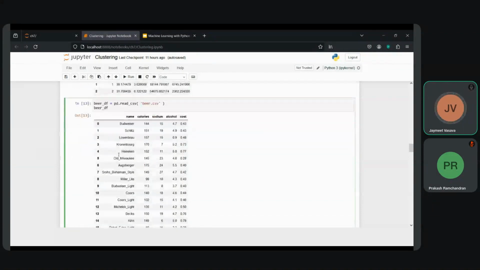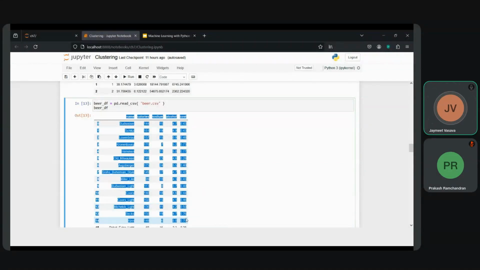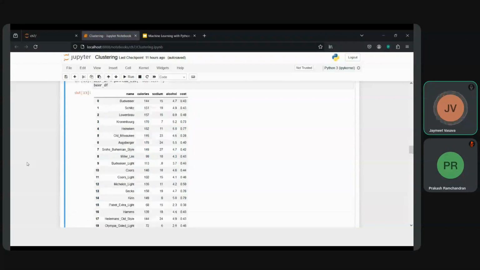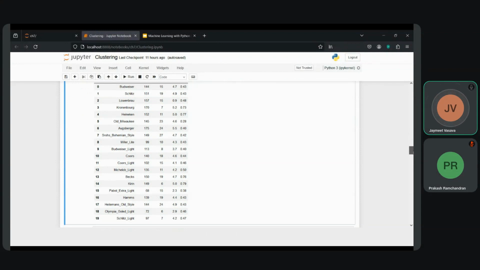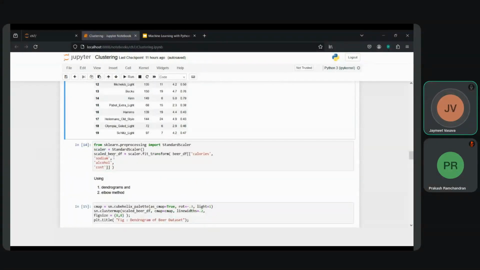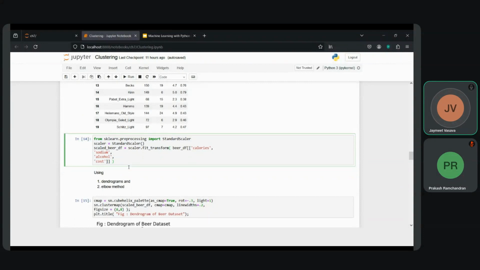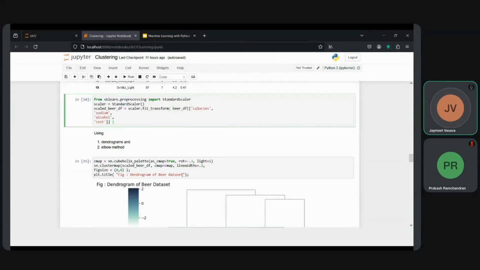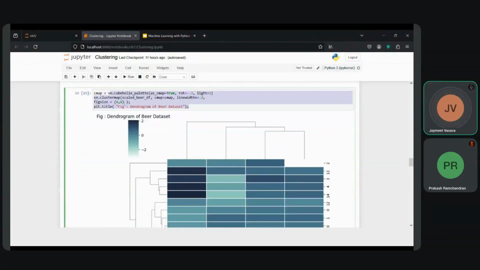To understand the segments in the market, it uses this beer dataset, which has records from 0 to 19, in terms of indices. So we standardized the values of the dataset, and with the help of a dendrogram, we visualized the data.